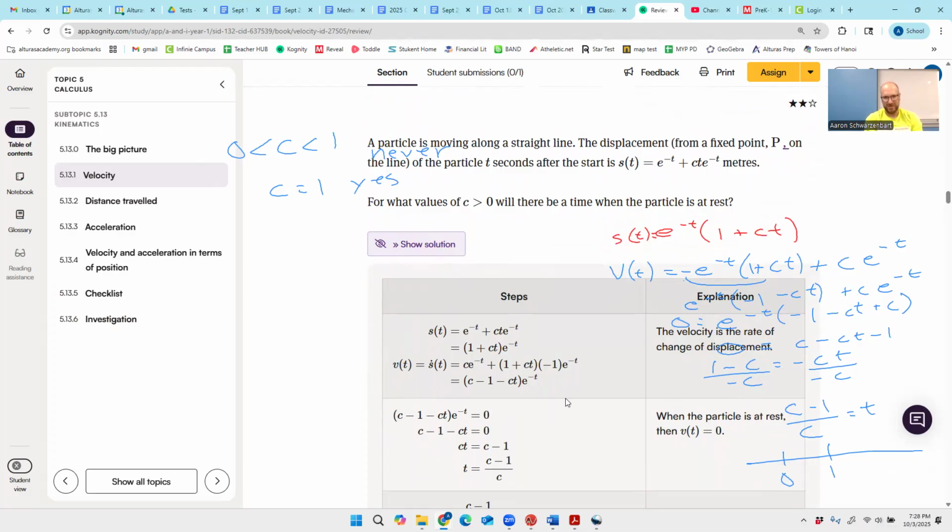There is a time when it's positive, and we don't know what that time is, but at some time it has to switch from negative to positive. So the answer is values of c greater than or equal to 1. It will be at rest at some unknown time.